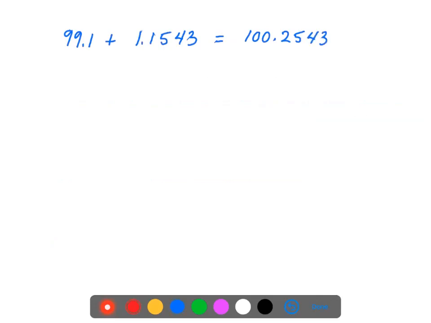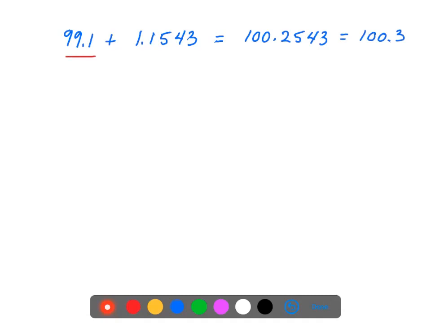Now the least precise measurement is 99.1, so that will dictate the number of sig figs in our final calculation. And so our final calculated result, if we were to express this with the correct number of sig figs, would be 100.3, one decimal place being shown.